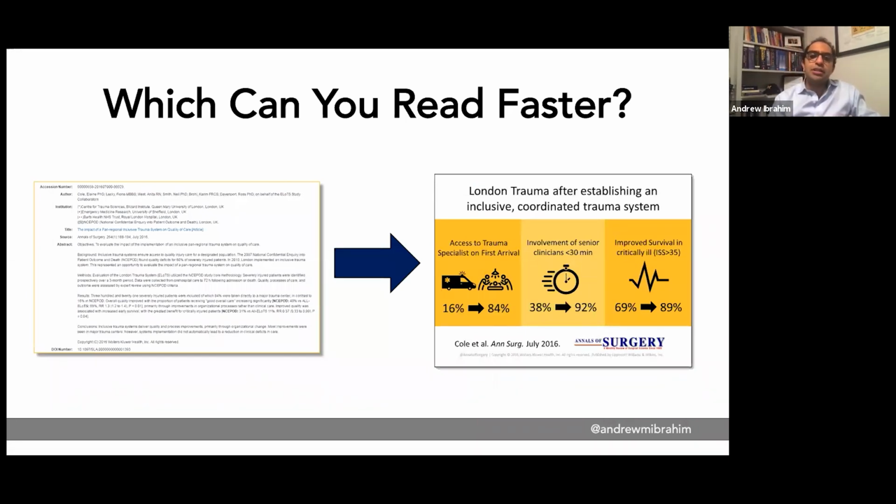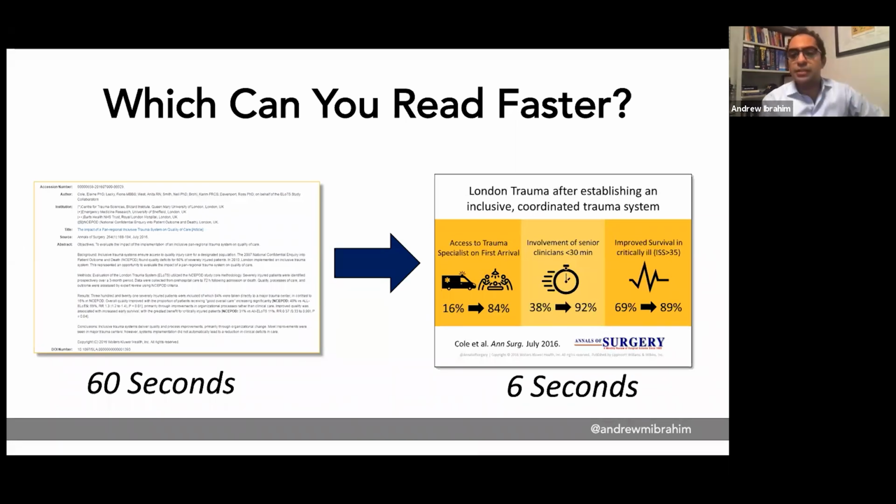One of the things we did when we started piloting this is we ran focus groups and timed how long it takes you to read a text abstract and how long it takes you to read a visual abstract. We found that on average, people could read a reasonable text abstract in about 60 seconds.